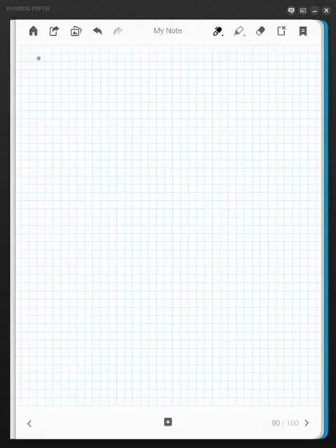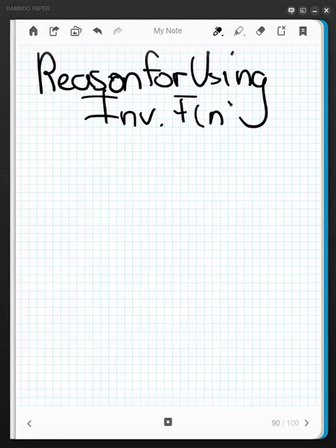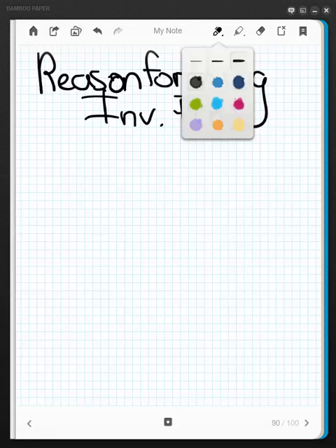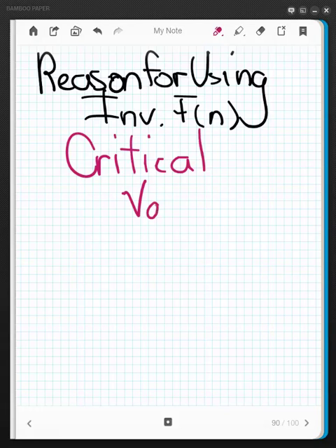So the reason for using an inverse function is critical values. Let me put this in red. Critical values. And critical values are what we use in both confidence intervals and in traditional hypothesis tests.